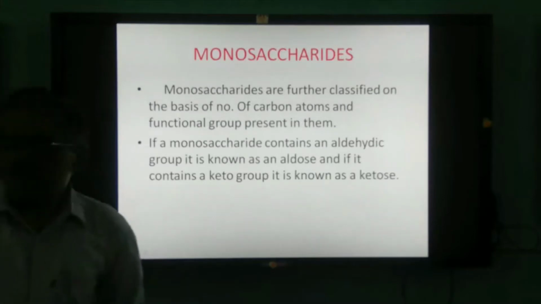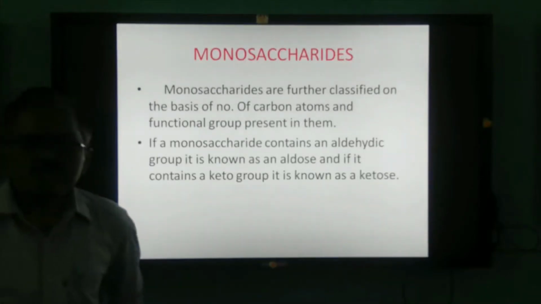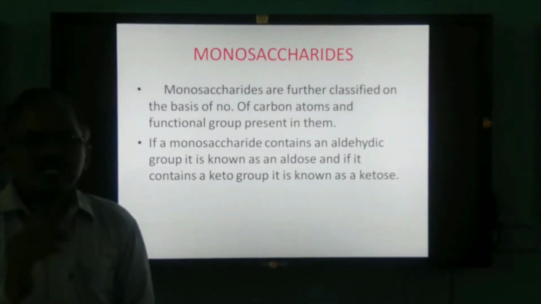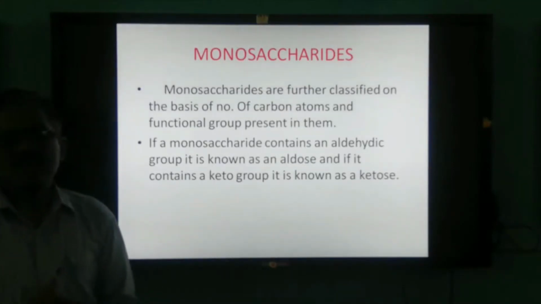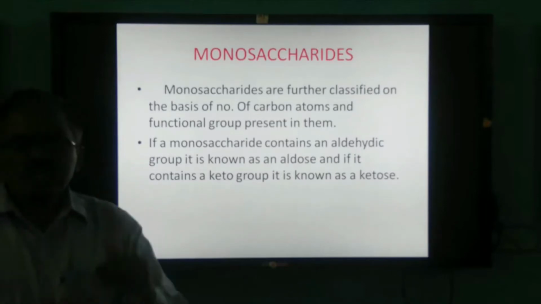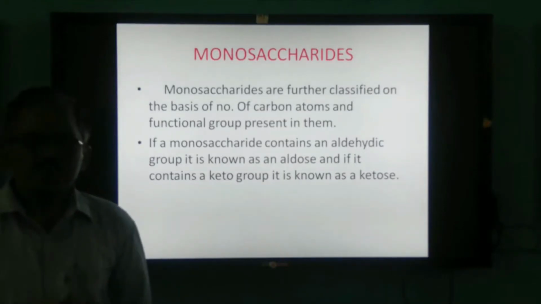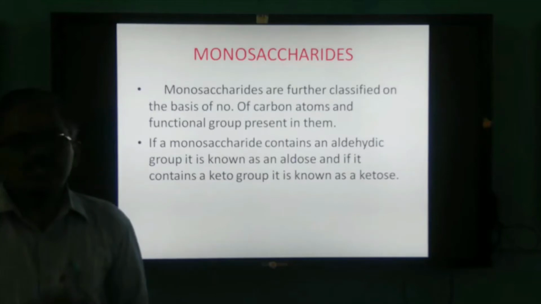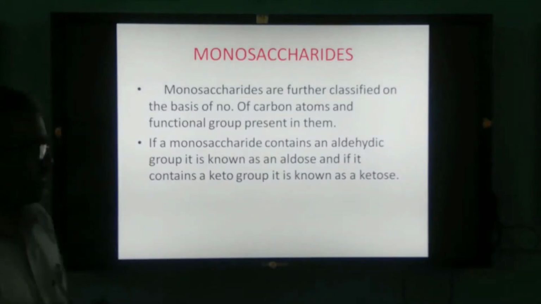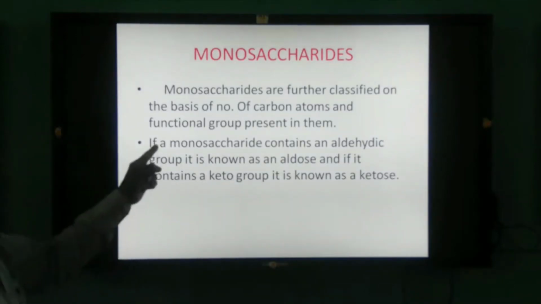Monosaccharides. Now we will come to the monosaccharides. One important monosaccharide is glucose, which will not give any simpler unit on hydrolysis, and we will see the methods of preparation and the structure of glucose in this class.